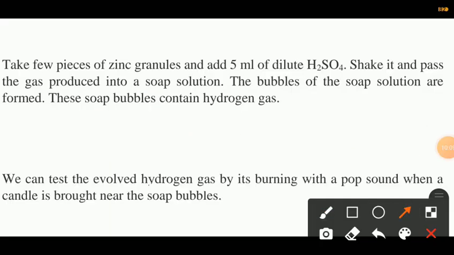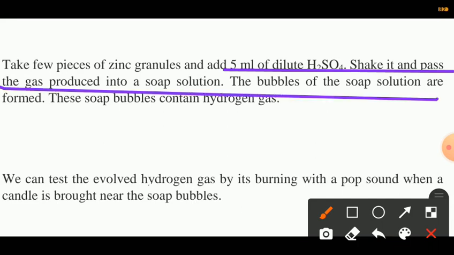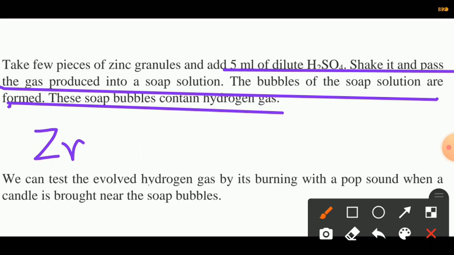So here we can write that take a few pieces of zinc granules and add 5 ml of dilute sulfuric acid, H2SO4. Shake it and pass the gas produced into a soap solution. The bubbles of the soap solution are formed. These soap bubbles contain hydrogen gas. Here we can write the equation: zinc plus sulfuric acid, H2SO4.